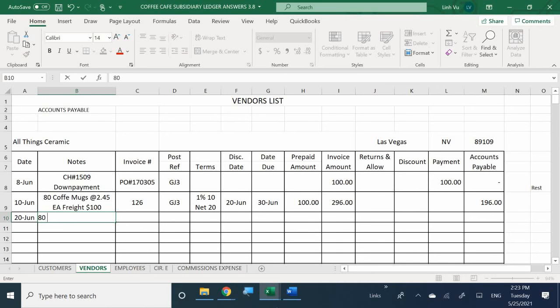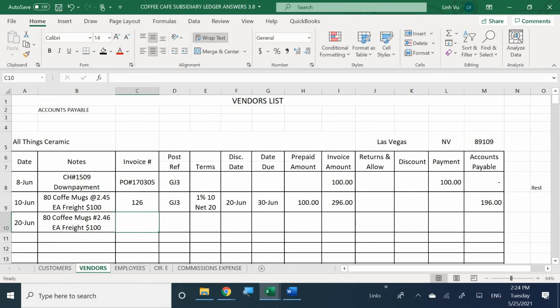Freight, 100. Invoice number 159. That's why I made my columns wider. That's fine.